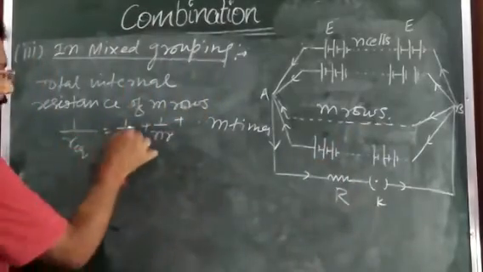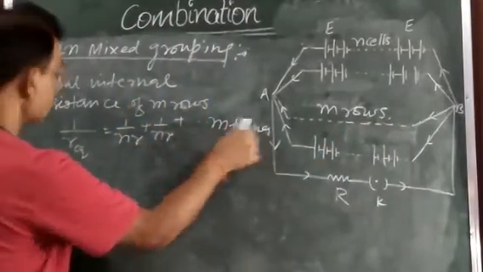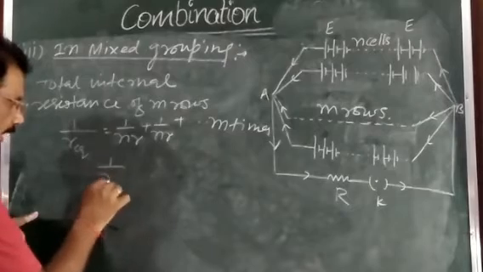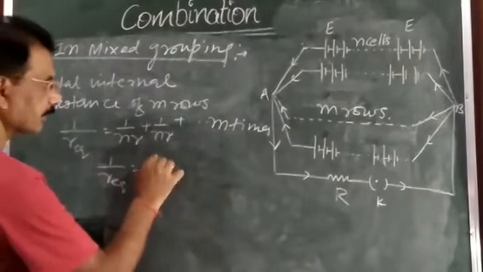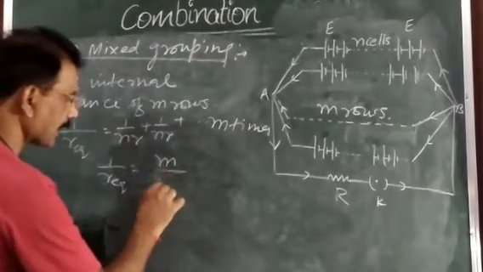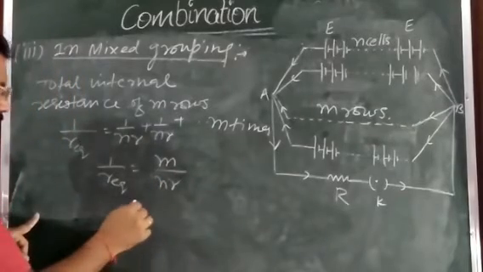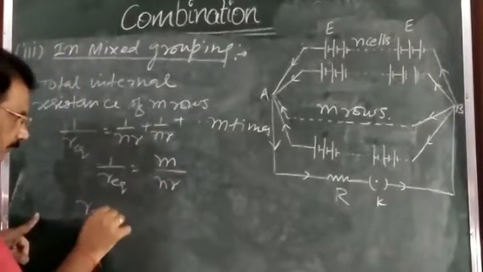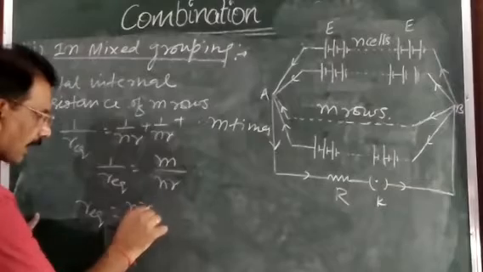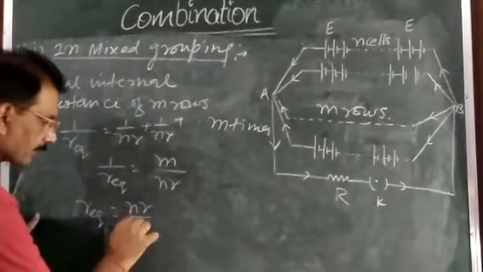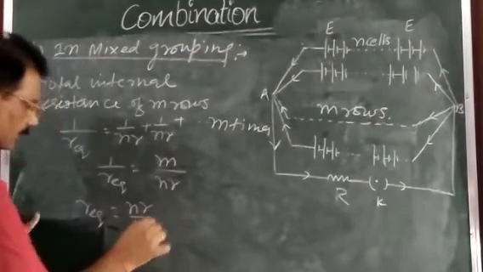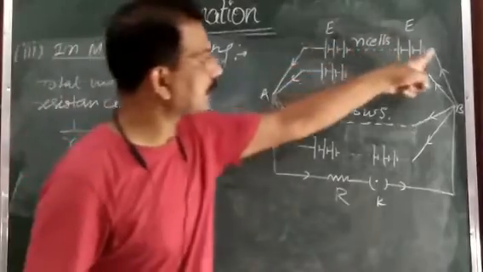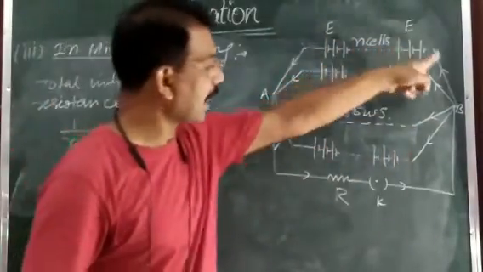So 1 upon R equivalent is equal to m by nr. So R equivalent is equal to nr by m. This is the total internal resistance of these m rows.